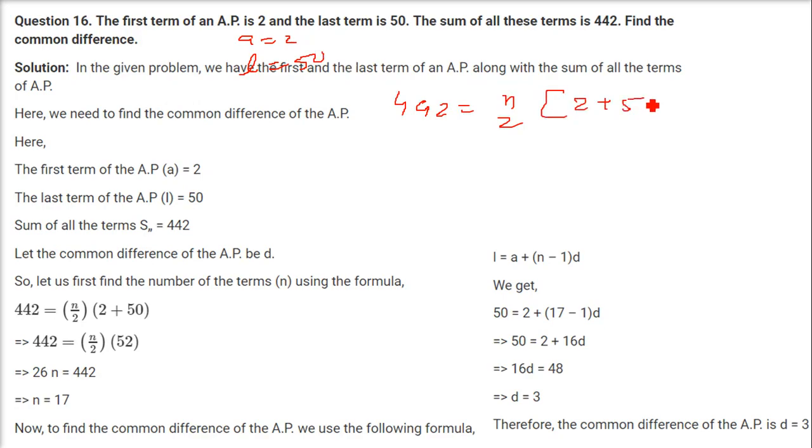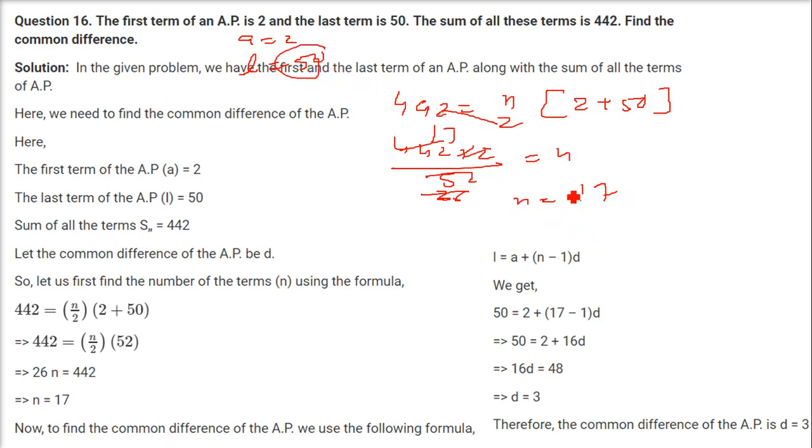A is known, L is known. So it will be 442 into 2 divided by 52, which is N. N is going to be 17, right? Because 2 2s are 4, 2 6s are 12, 26 17s. So N is 17.